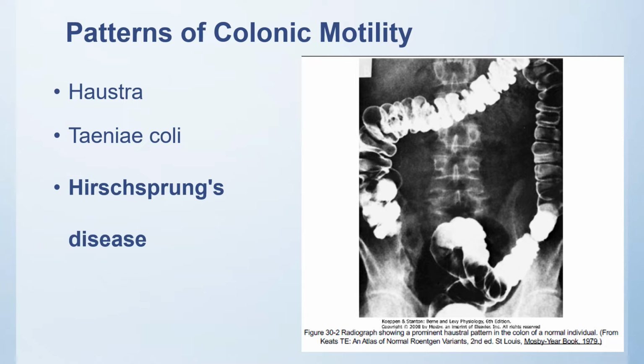The mechanism is that the proximal part of the aganglionic segment of the colon will be filled with feces because the distal part is occluded, because of the absence of the ganglia, so it remains closed.